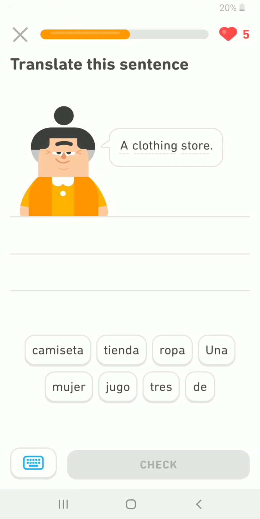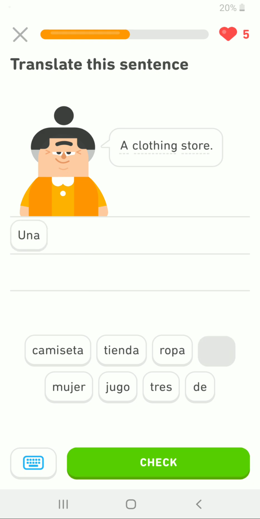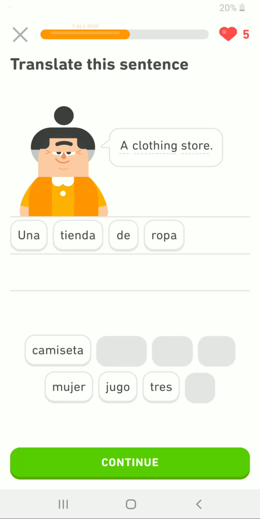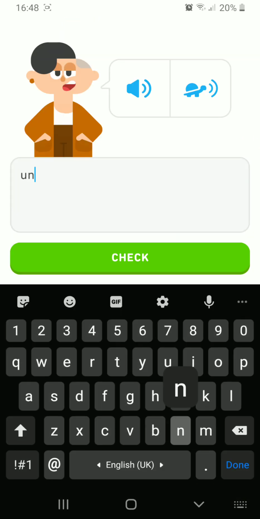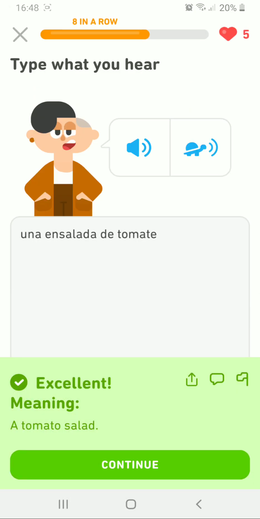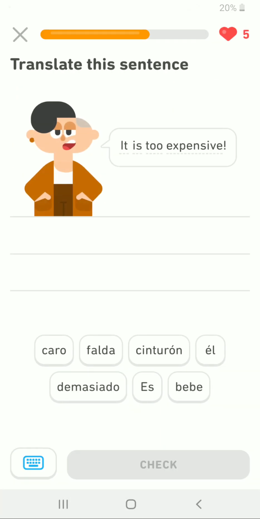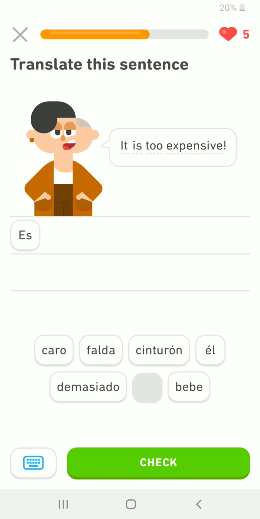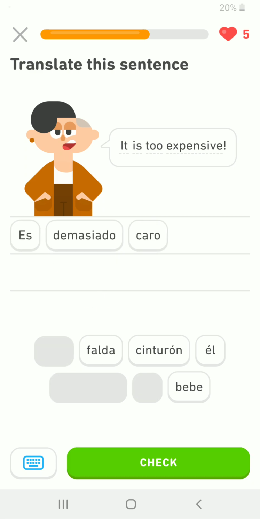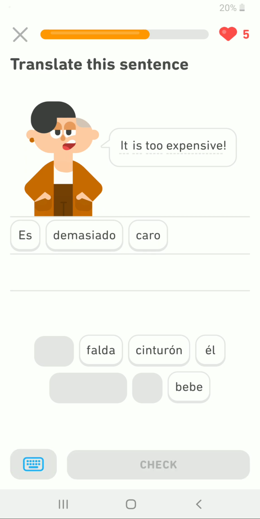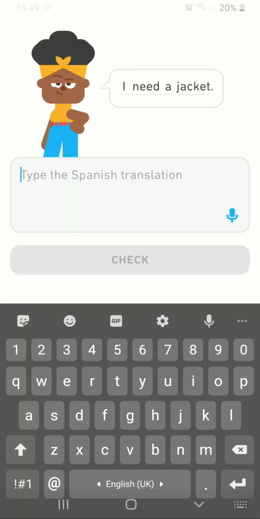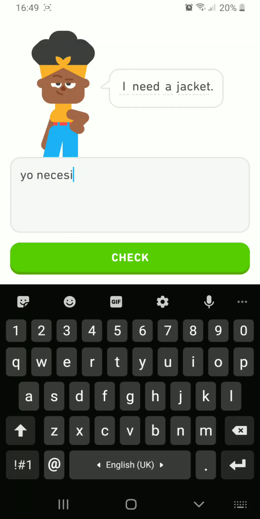A clothing store. Una tienda de ropa. Una ensalada de tomate. So we know it's a tomato salad, and it is too expensive. Es demasiado caro. So demasiado means too, like too much. Demasiado caro.